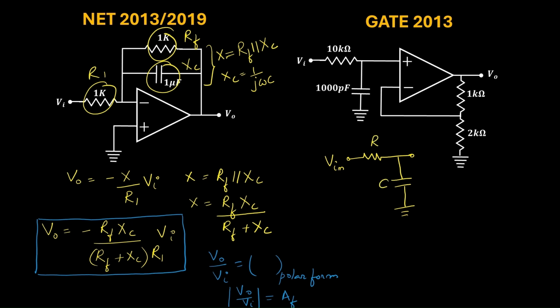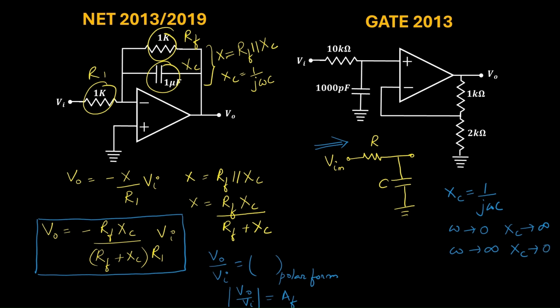So if a signal comes here, the reactance of a capacitor is 1 by j omega c. When omega is tending to 0, that is at low frequency, XC will tend to infinity, and when omega is tending to infinity, that is at high frequency, XC will tend to 0.